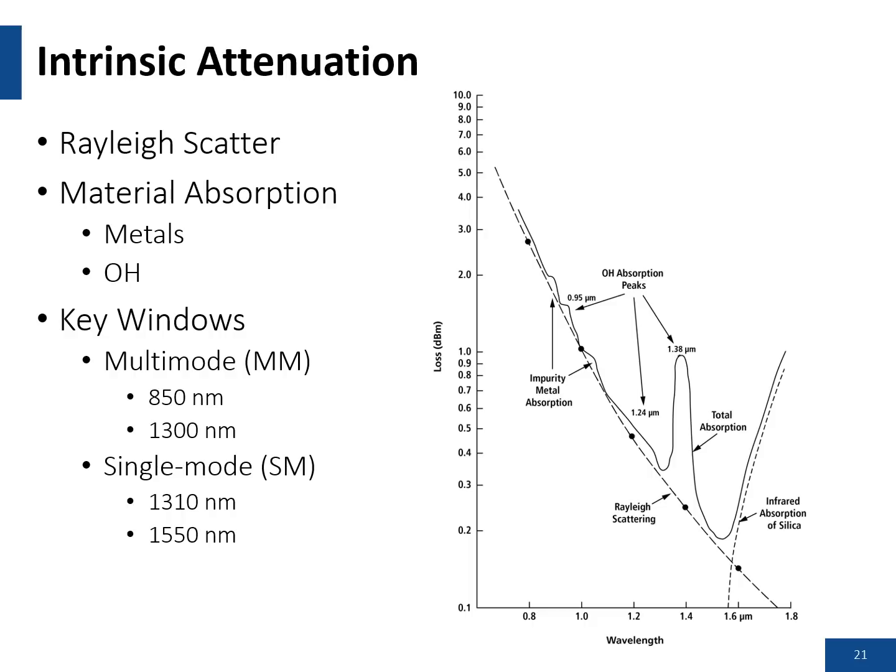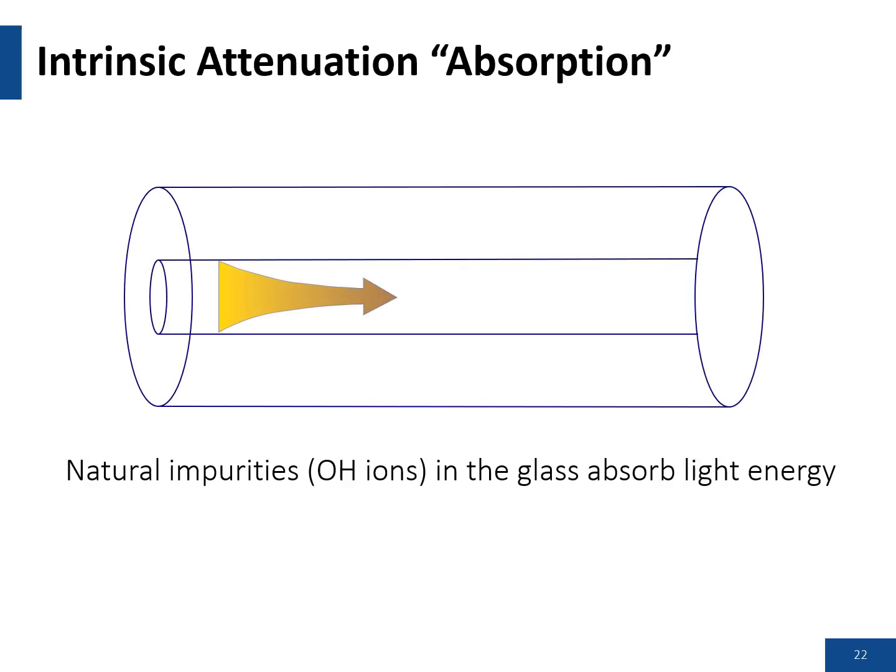And then there's the infrared absorption of silica glass at around 1650 nanometers, where basically the loss becomes very, very high. And that's why we have these natural operating windows that we try to optimize on. Absorption is basically the natural impurities, or the hydrogen ions, that absorb the photons that are flowing down the core itself.